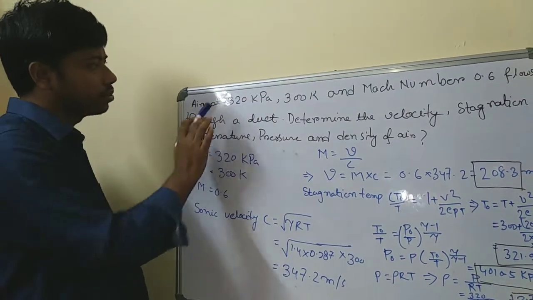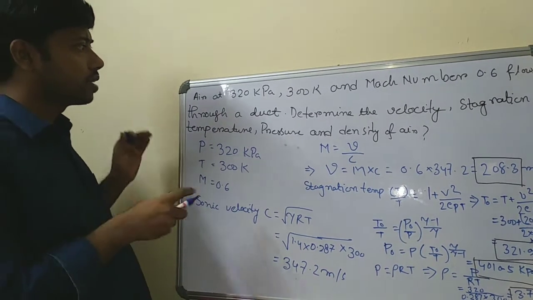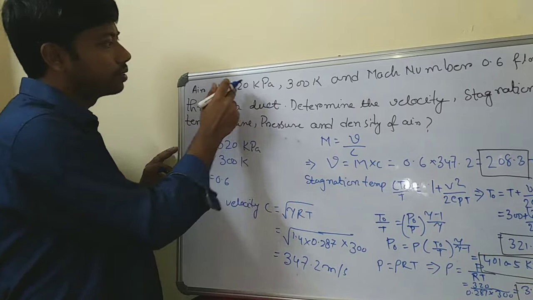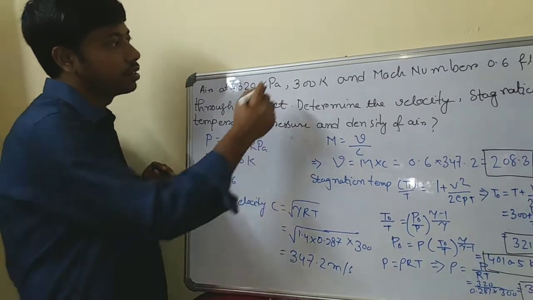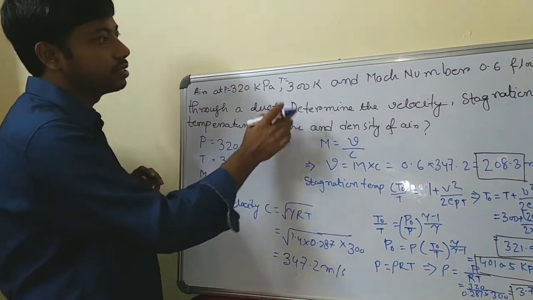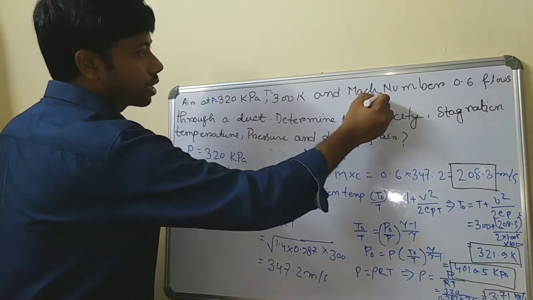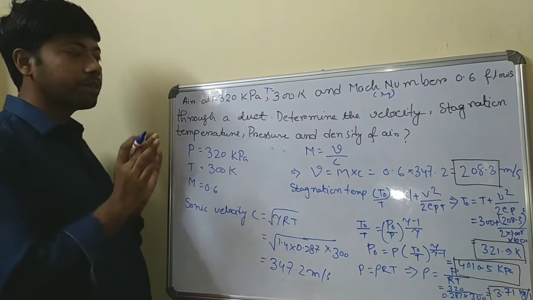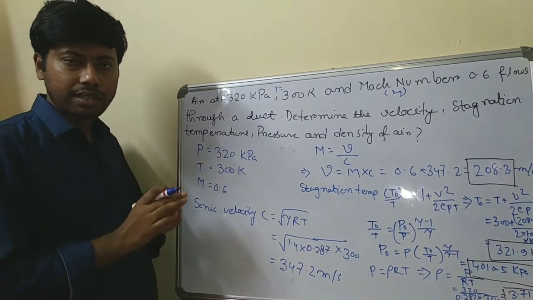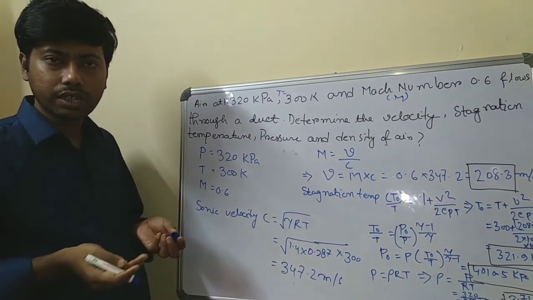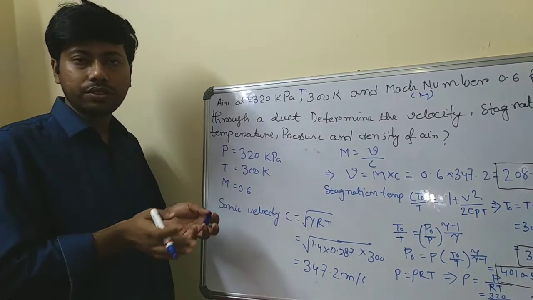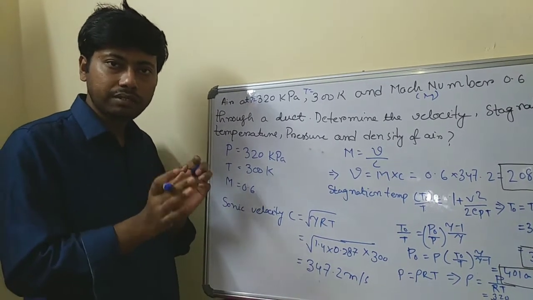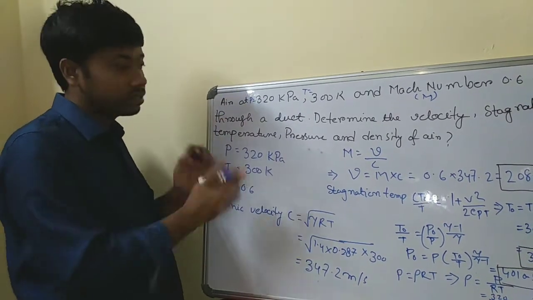The pressure is P equal to 320 kilopascal, the temperature is 300 Kelvin, and the Mach number M is 0.6. The duct may be a nozzle or diffuser, convergent divergent, so the air flows through a particular convergent divergent duct like that.